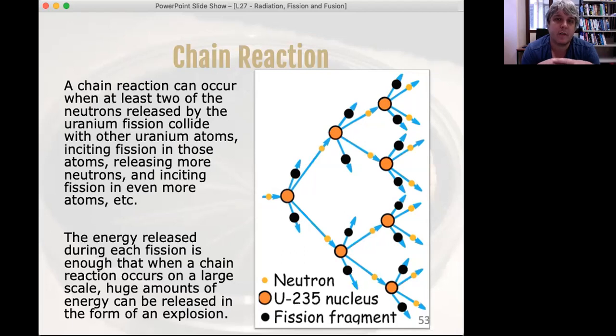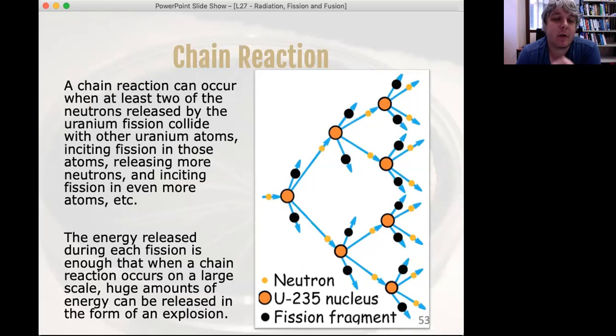So the first one gives off 3, and if say 2 of them collide, you've now got 6 neutrons. Say 4 of them collide, you've now got 4 times 3, so 12 neutrons. And so you get a chain reaction, a growing number of neutrons flying around inside the sample of uranium. Because of course you never have a single uranium atom, you've got a sample with a whole bunch of uranium atoms.